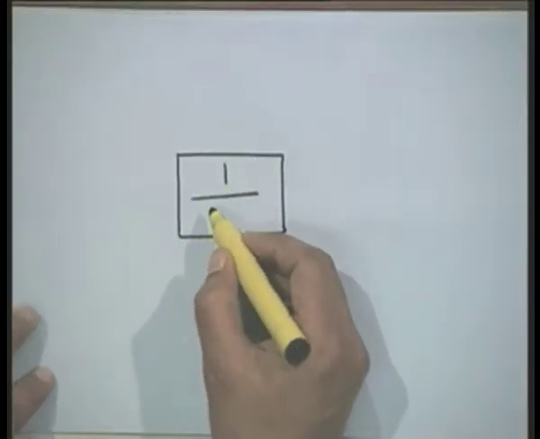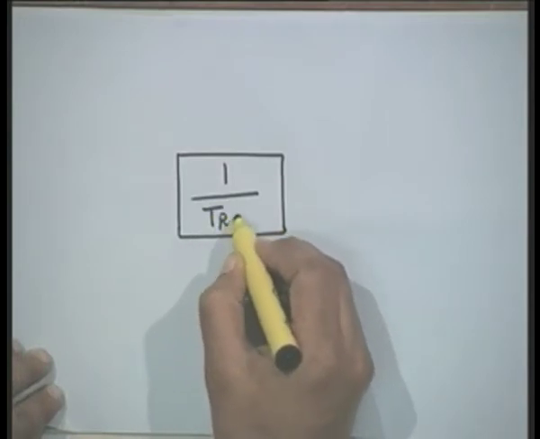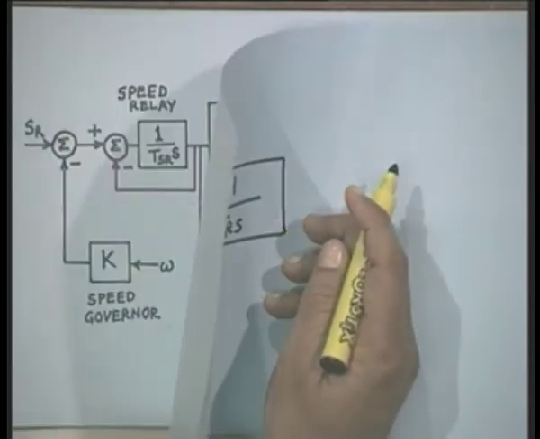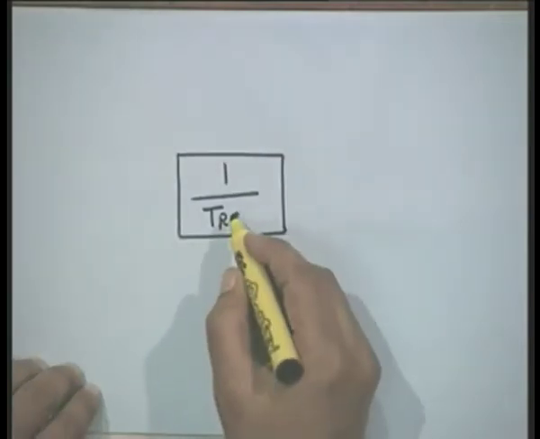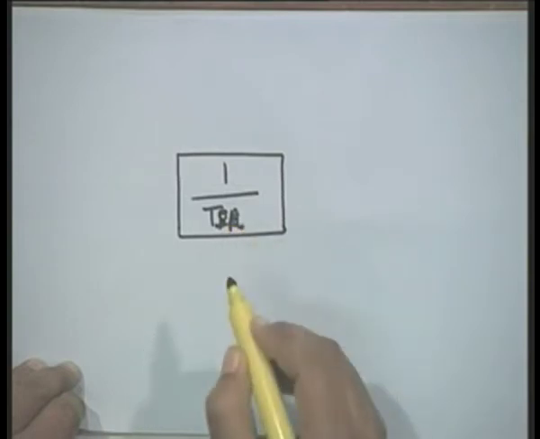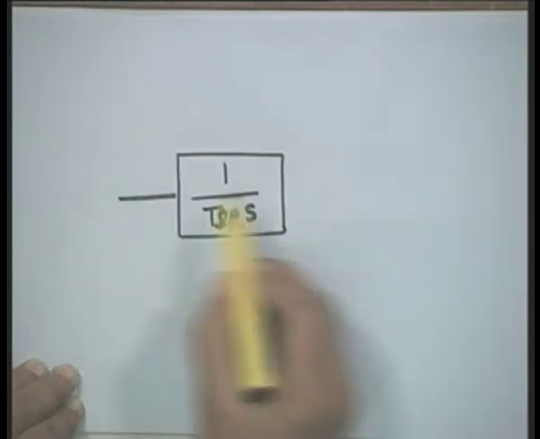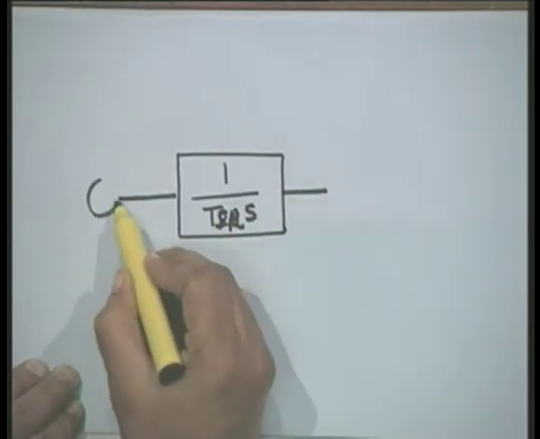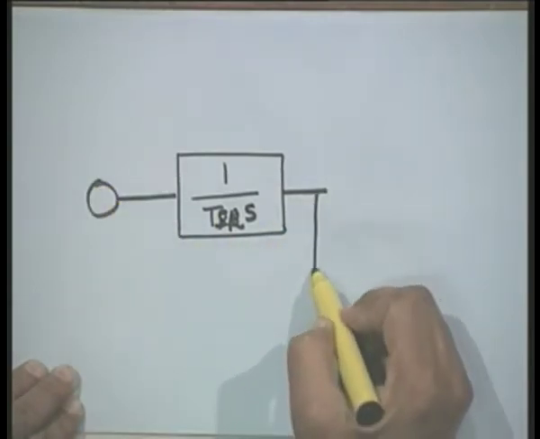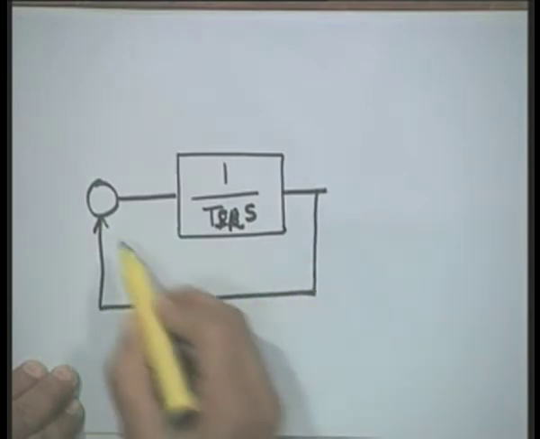Speed relay, we represent the time constant of this as TSR, speed relay, and integrator. This is basically the integrator. The position is fed back, there is a negative feedback loop here.